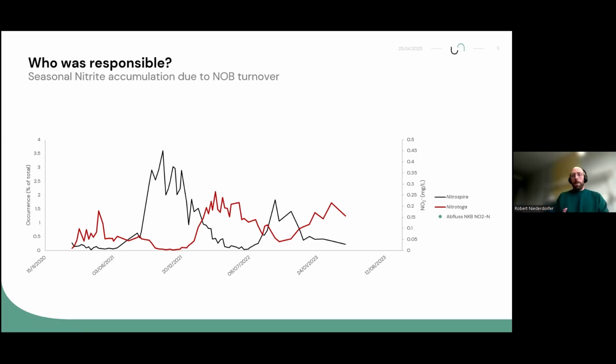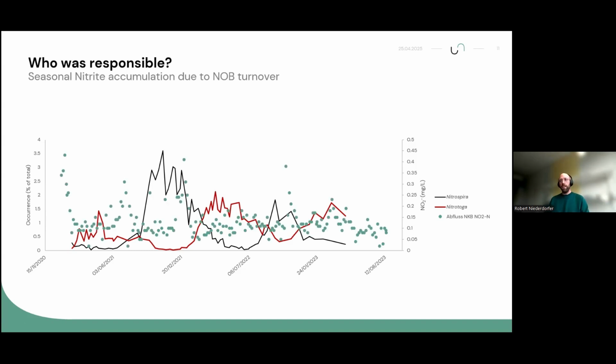This might not be such a big deal. However, in green here, you have nitrite accumulations. Every time we see a shift between these dominating genera, we see high loads of nitrite that accumulate until the next genus takes over.